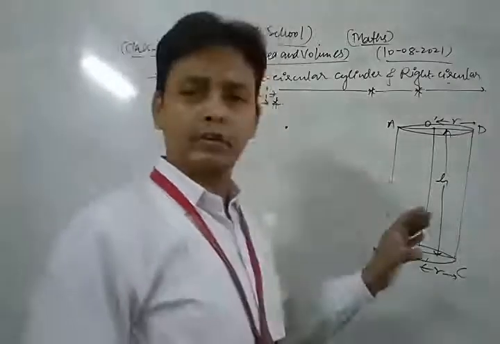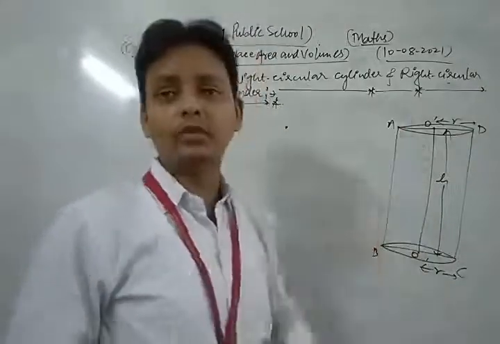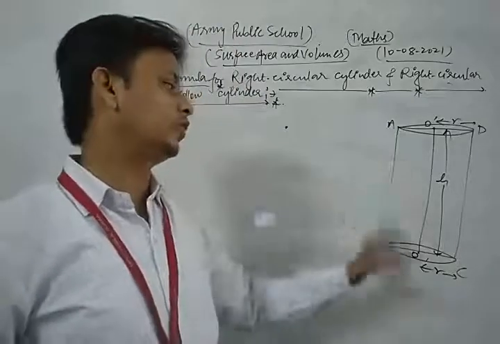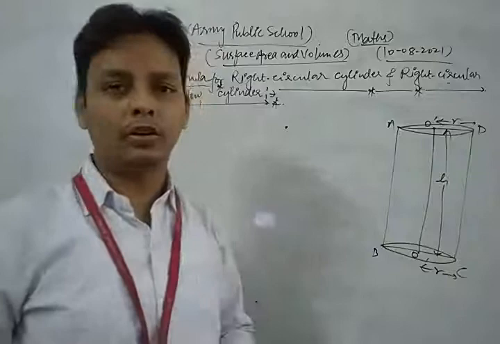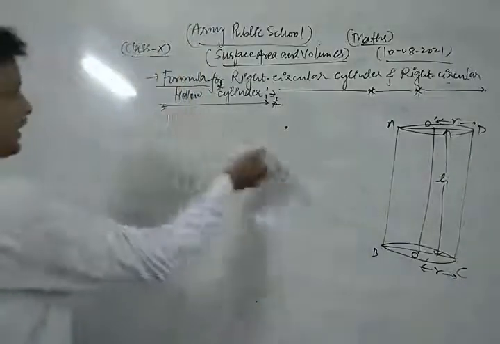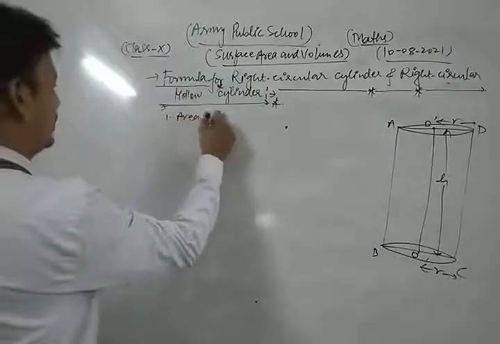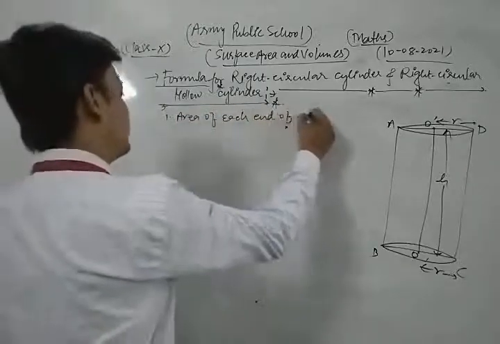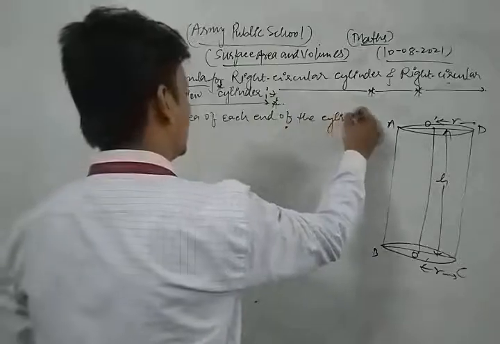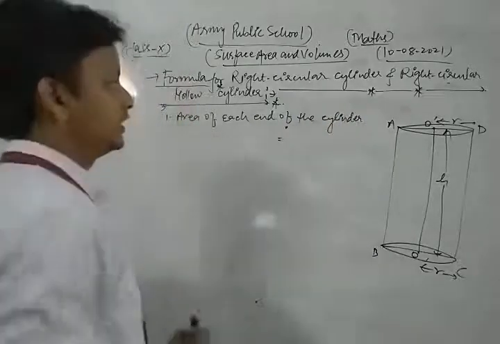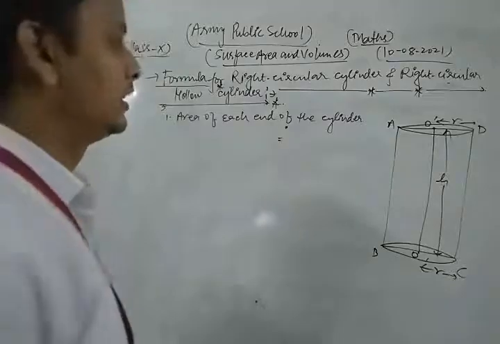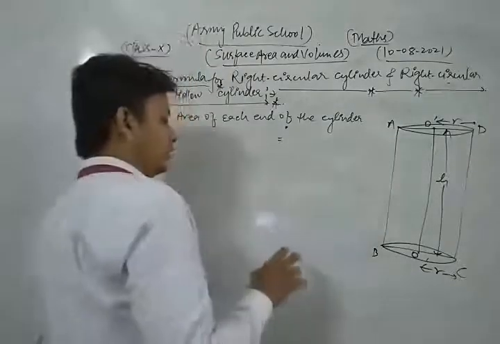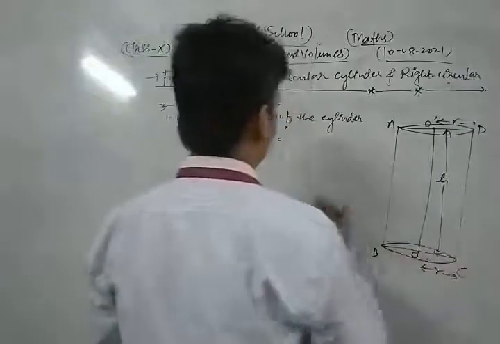Now, dear students, first of all we discuss the area of each end of the cylinder. Each end of the cylinder is circular in form. So the first formula is: area of each end of the cylinder, which is pi r square.